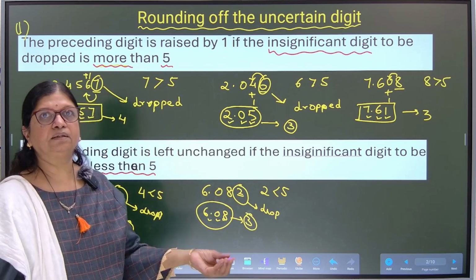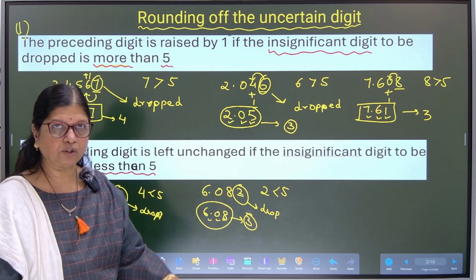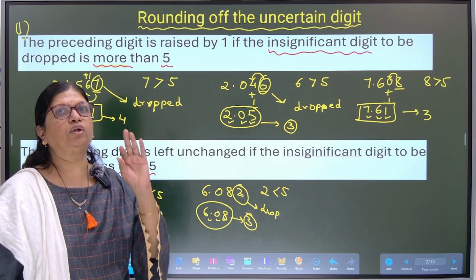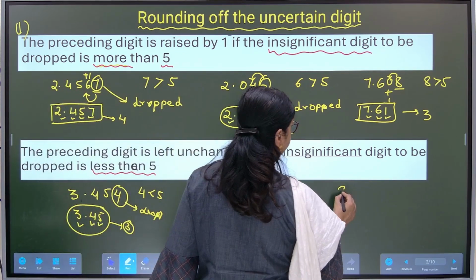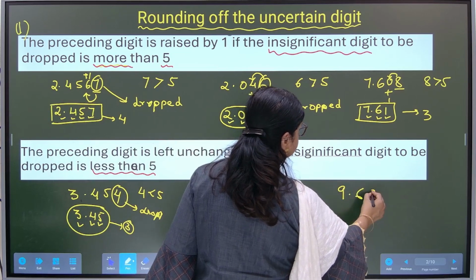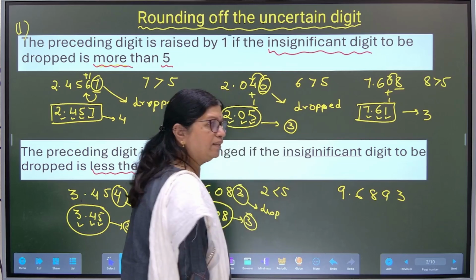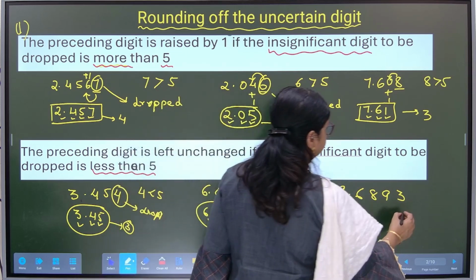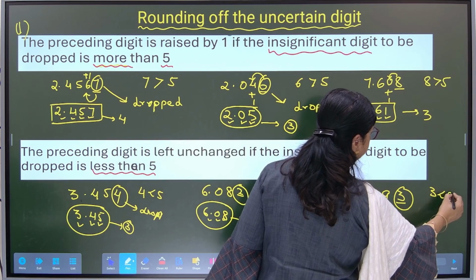Okay. This is the way you have to understand what is to be done if the dropping digit is less than 5. Let us talk about one more. 9.68. This I am taking at random, what is coming in my mind. 3 is to be dropped because 3 is less than 5.